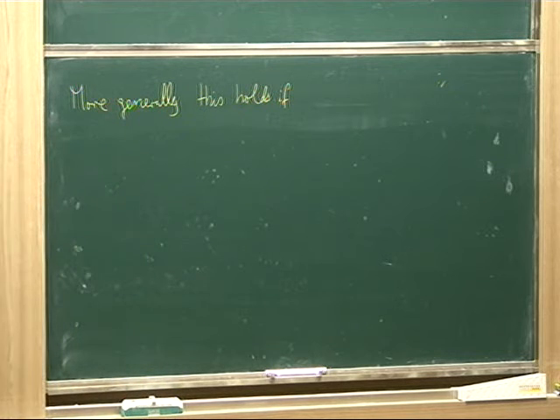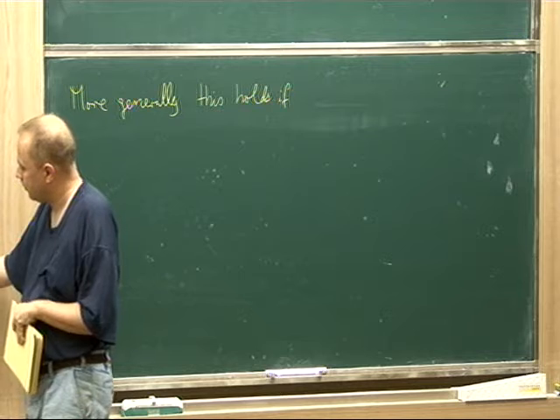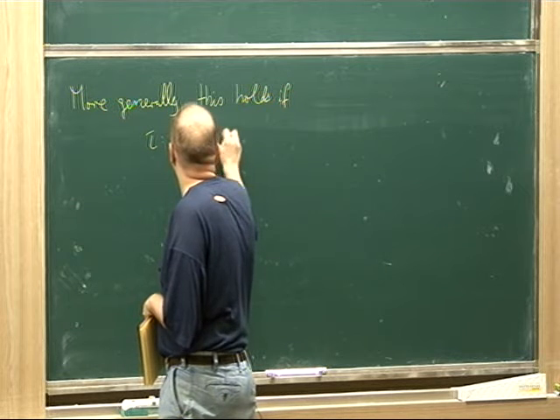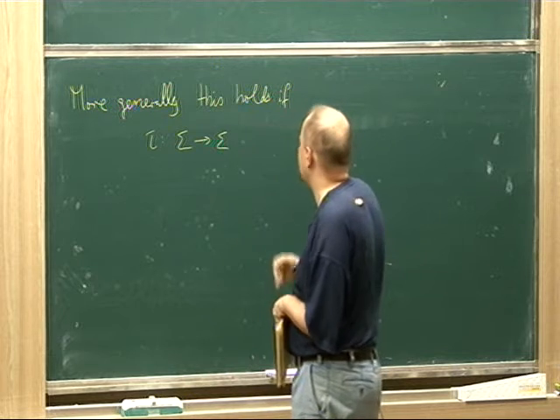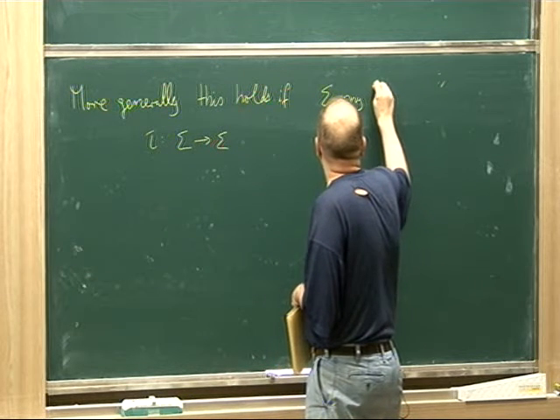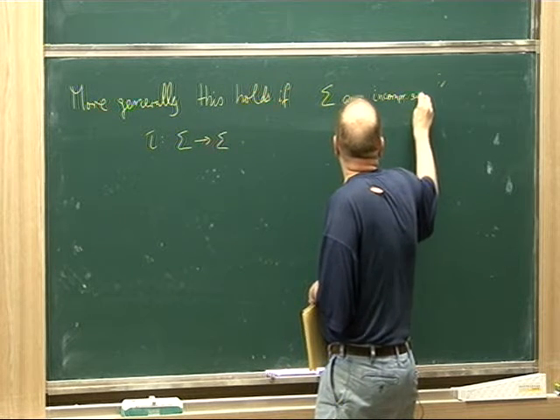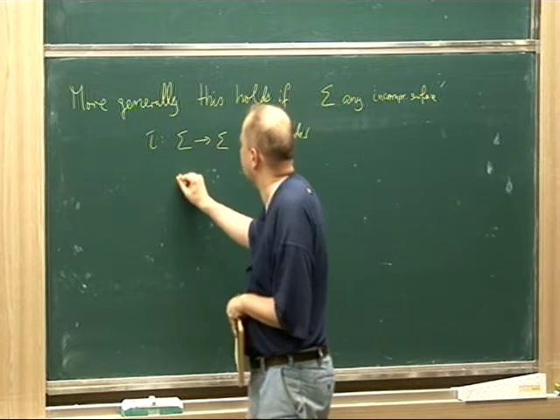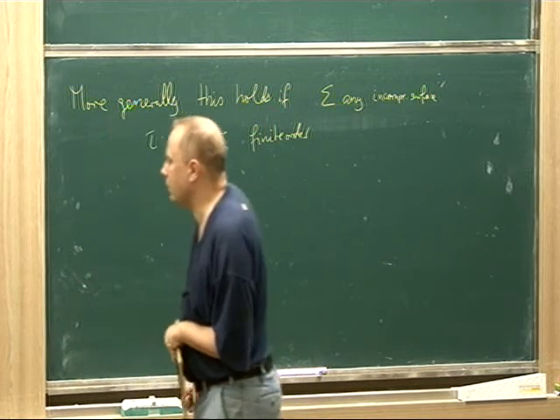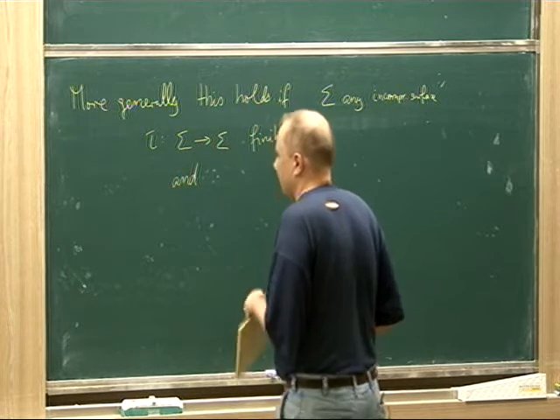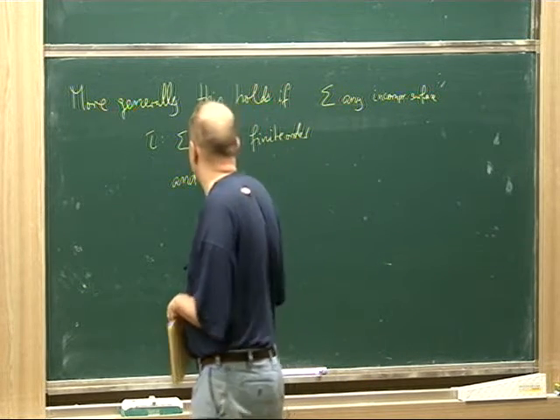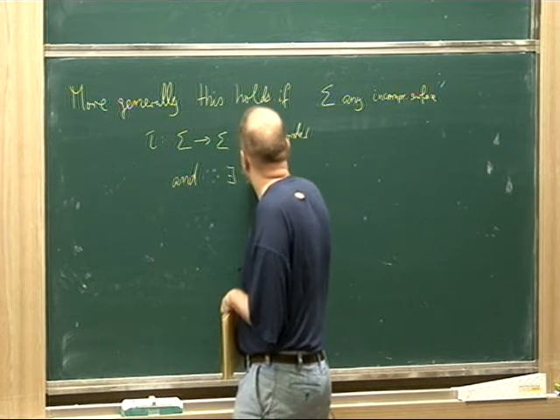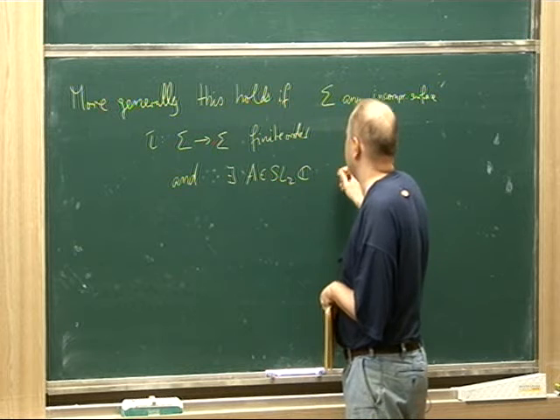If you have two manifolds, one is obtained from the other by cutting along a surface and regluing by some tau, what he needs for this proof is that sigma is an incompressible surface, and tau should have finite order, and the crucial condition which is satisfied in all these examples is that this tau can be realized by conjugation with some element in SL(2,C).